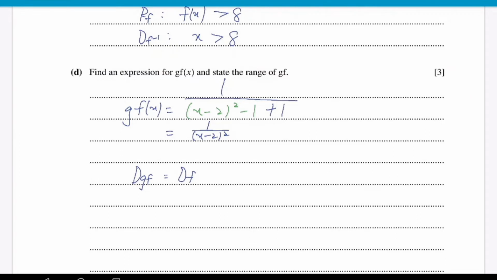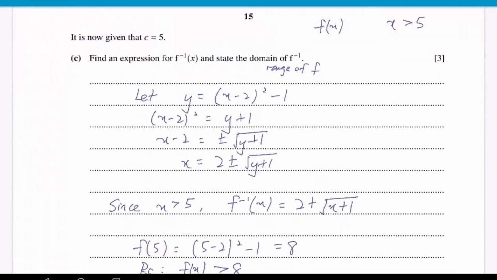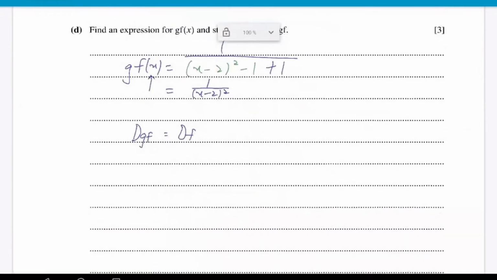How do we actually calculate the value of gf? We sub in the x, right? So which function does this x belong to? In fact, this x belongs to f(x). That is why we are considering the domain of f here. And the domain of f here is x is greater than 5.